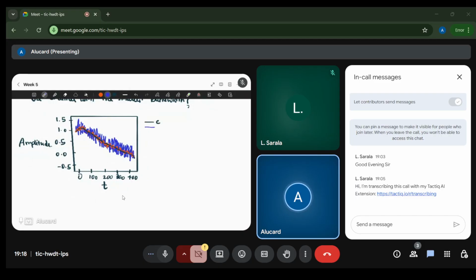The black one is C, the blue is A, and the red one is B.